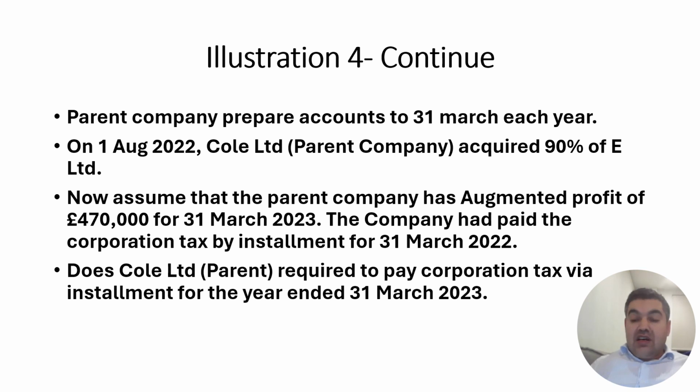We need to find out whether Coal is required to pay corporation tax by installment. The company was large in the previous accounting period. So do they need to pay corporation tax by installment in the accounting period ended 31st of March 2023?